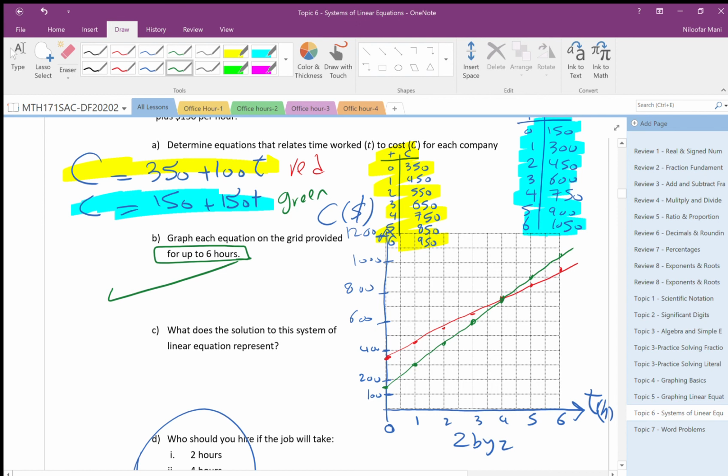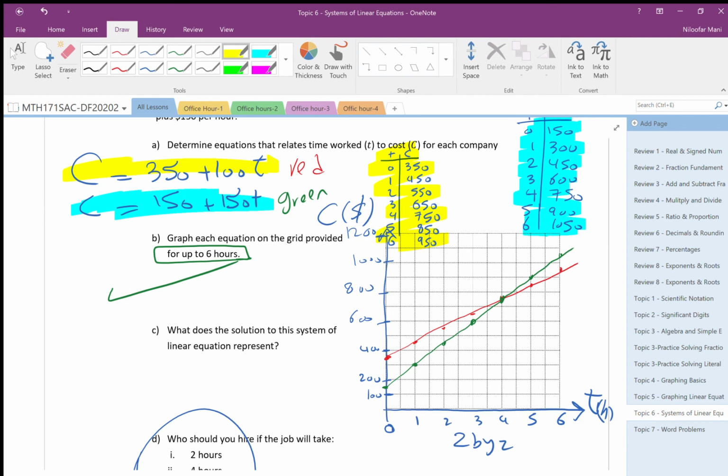What does each equation represent? Okay, so each equation shows for how many hours, how much you pay for each company. Again I say reading the graph is a very good skill. When I look at the y-axis, I see it's cost and it's dollars.